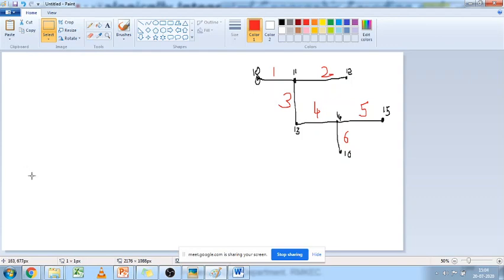Okay, so let's assume that this is a line, or this is a curved line.